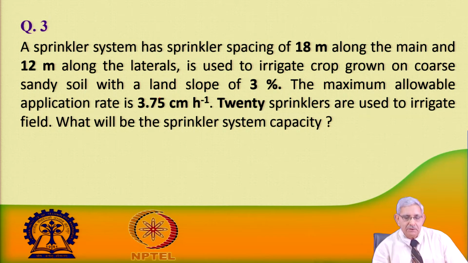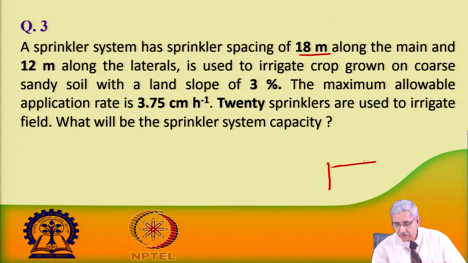Now, this is question 3. In question 3, we have been given data that spacing of the sprinkler along the main, there is a main pipeline, this is your lateral pipeline.